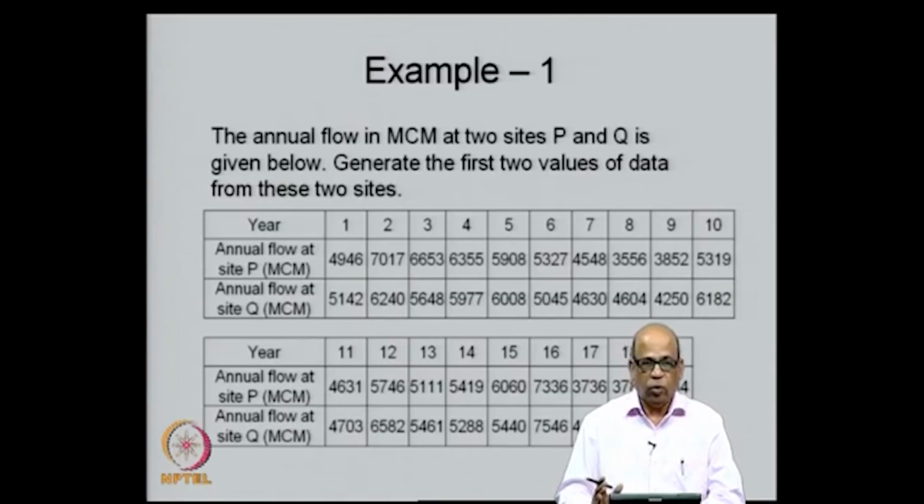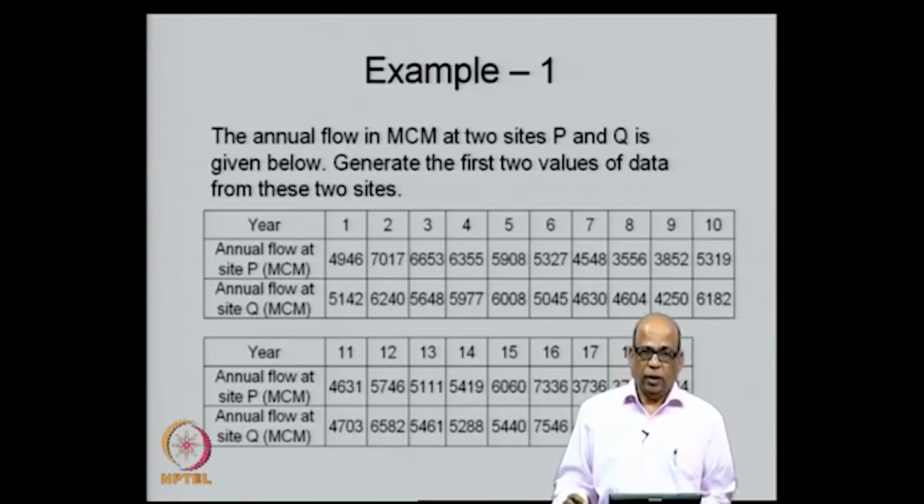In fact, when we talk about reliability of the system, resiliency of the system and so on, we generate the data for as long as 500 years, 1000 years and so on, essentially to generate sequences which follow the same statistical properties as the observed historical flows, and then examine the implications of these flows on the water resource systems. And therefore, whenever we talk about synthetic generation of data, you must remember that you must necessarily simulate or generate the flows for fairly long periods, typically of the order of 100 years, 150 years and so on.